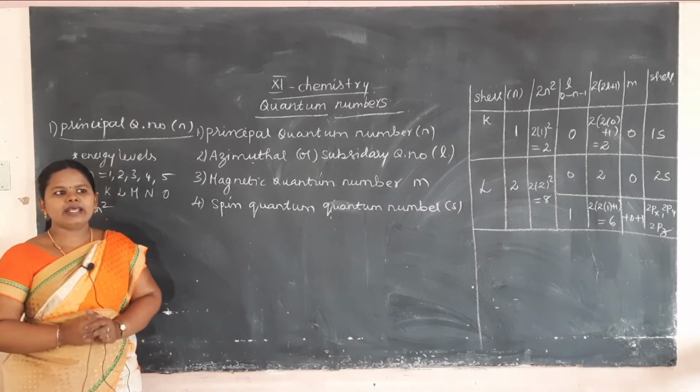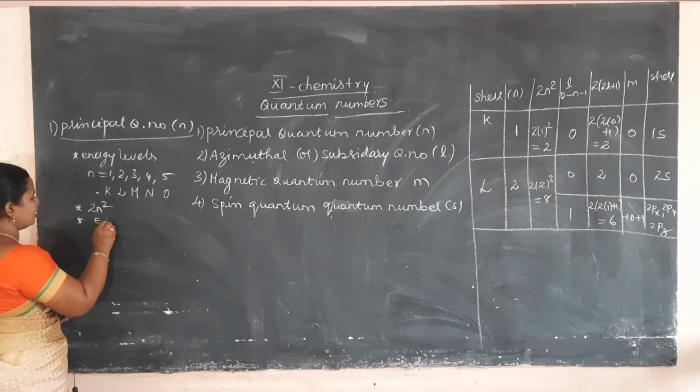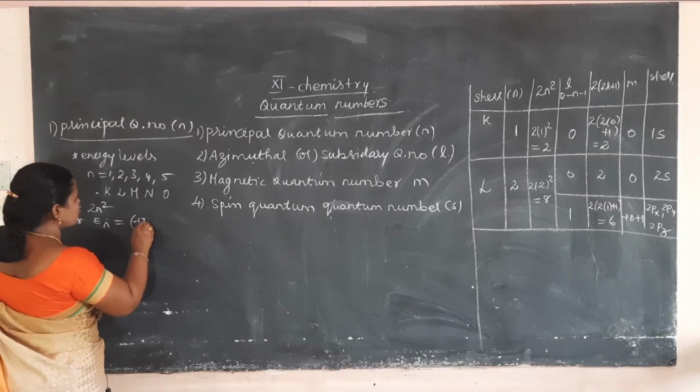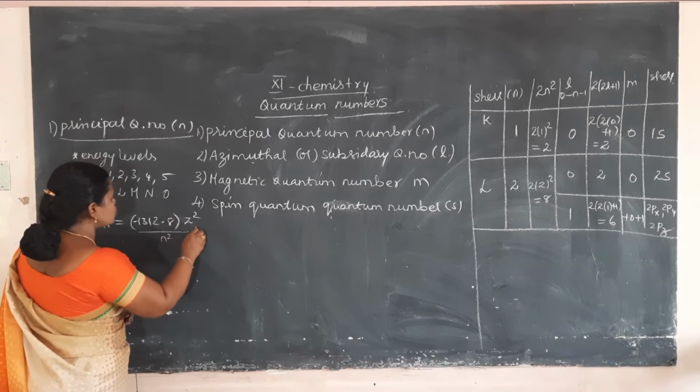Then the energy of the different energy levels of the atom can be given by the formula En is equal to minus 1312.8 Z squared by n squared kilojoule per mole.